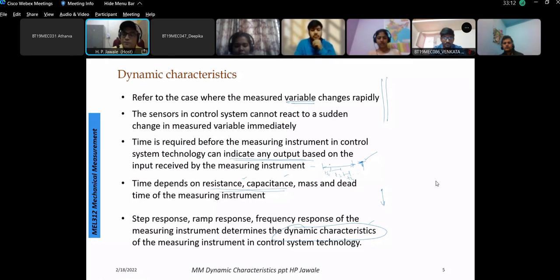So in the standard test condition, we try to find the performance of this measurement system with the known value in the laboratory first, before applying that to the actual measurement and the control process, right?